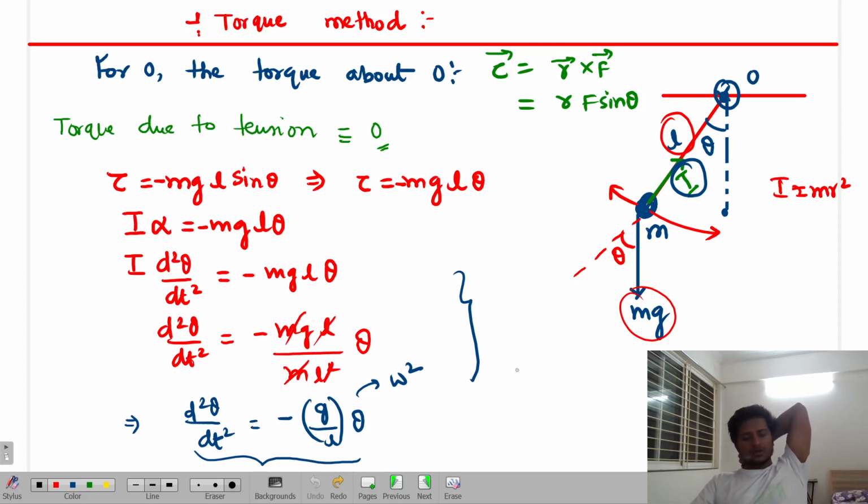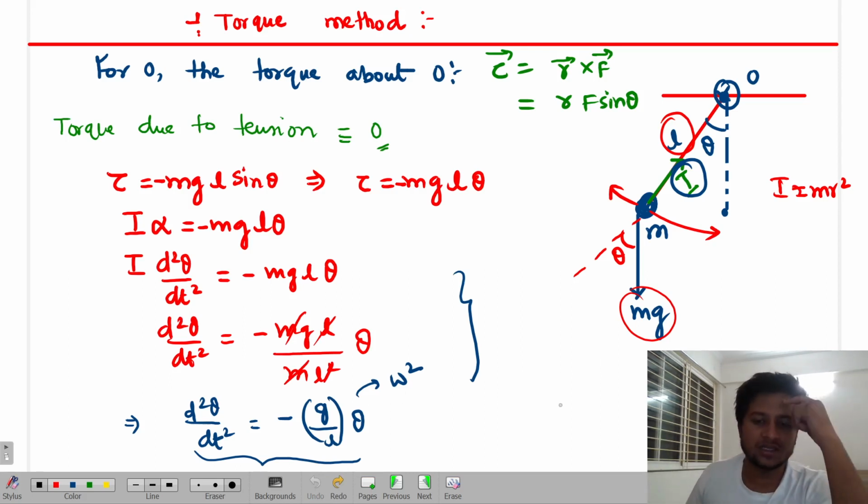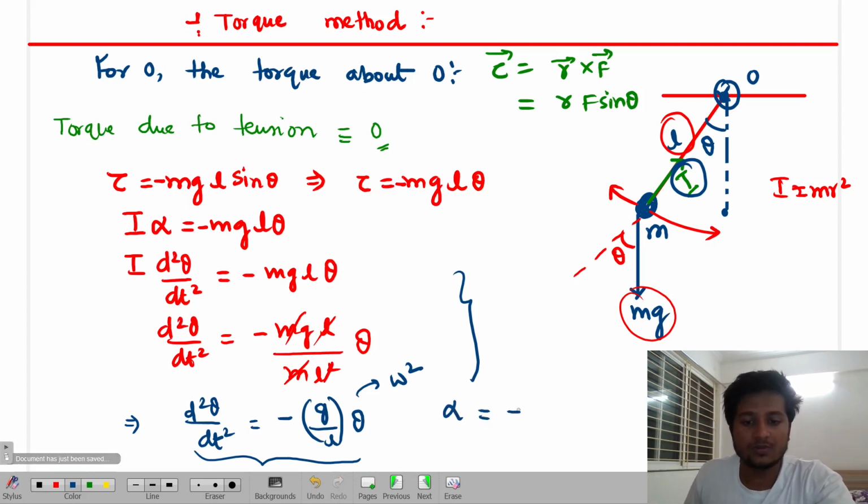Actually, if I'm writing, that is another thing. Here we are writing omega square as g by l. You are confusing it with another equation. Got it? This is an equation. Here, can we just say that alpha is equal to minus of omega square theta?